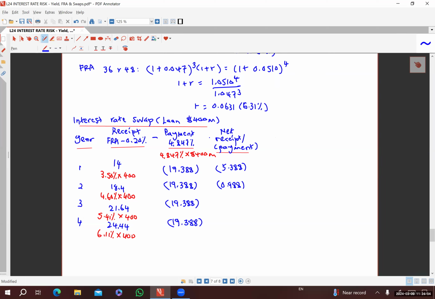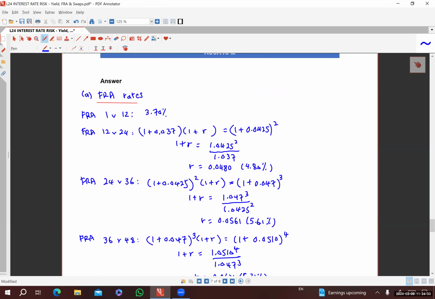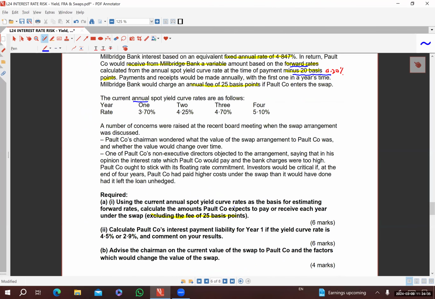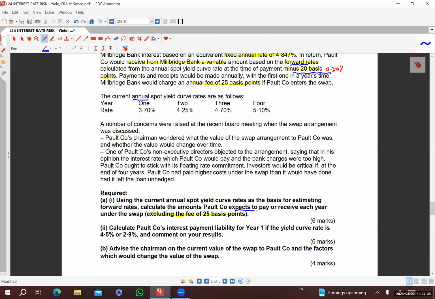The third year is positive now, 2.252. The last one is positive. That answers the first question: the net receipt or net payment each year. We exclude the fee first, so I don't take in the fee. So number one is done.